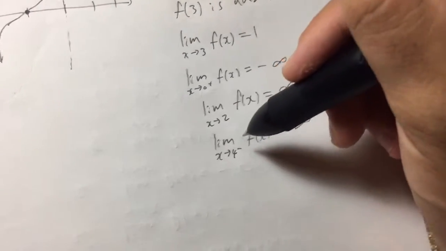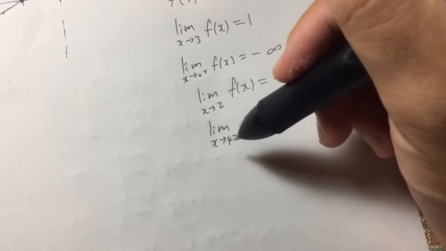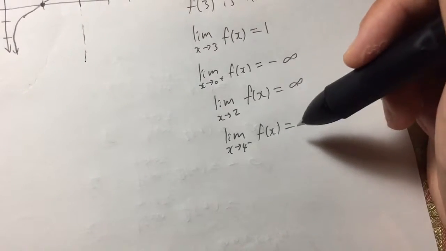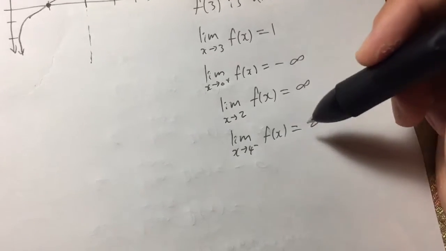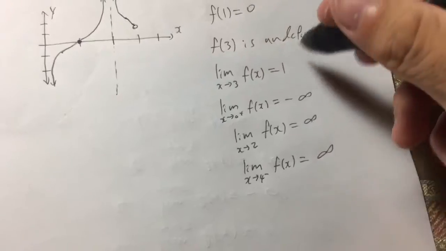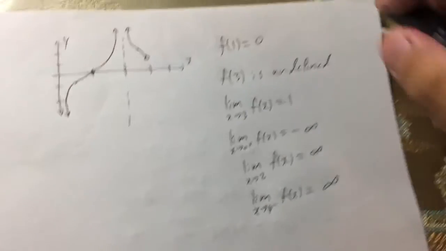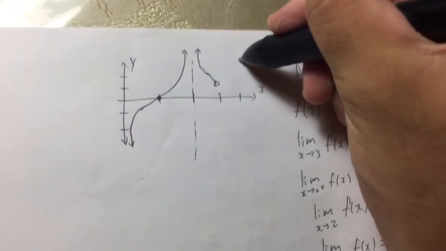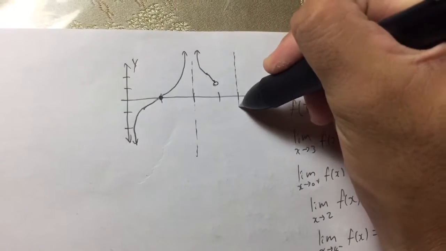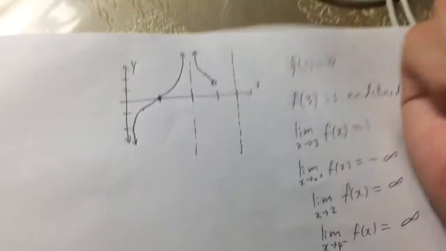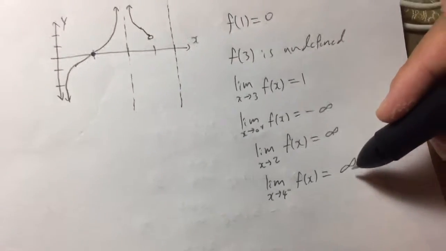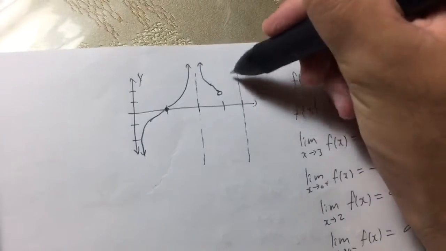And our last condition is the limit as x approaches 4 from the negative side of f of x, or the left hand side of f of x, is equal to infinity. So again, when we have infinity or negative infinity, we have a vertical asymptote. So we have another one over here at x equals 4, and it's positive infinity, so it goes right up again.